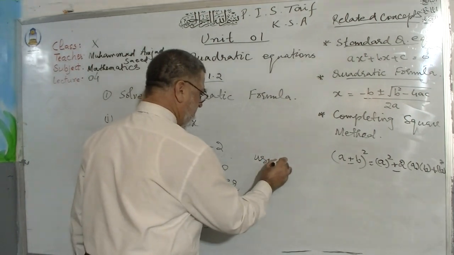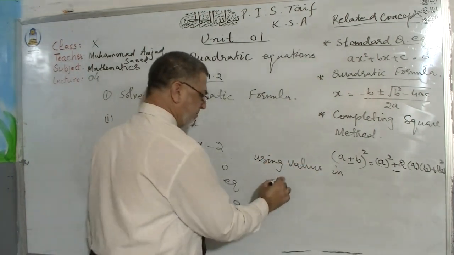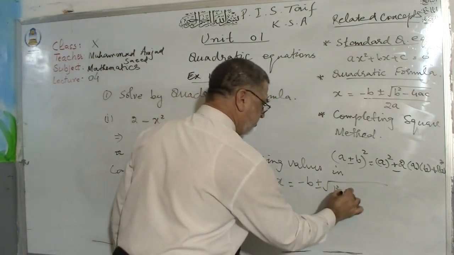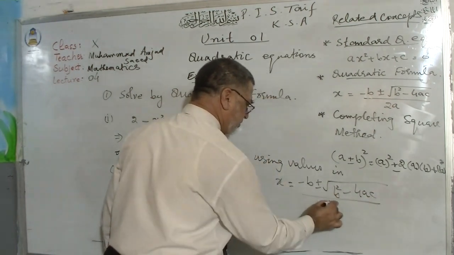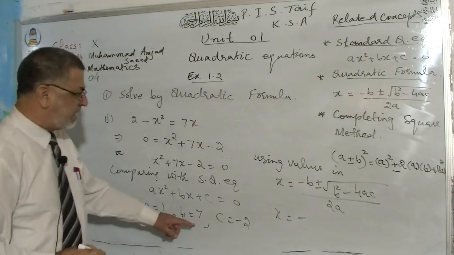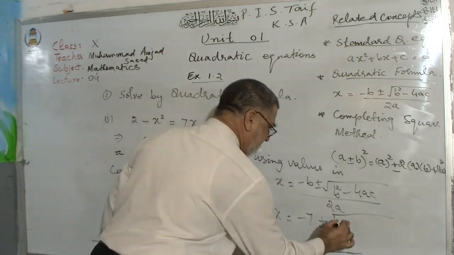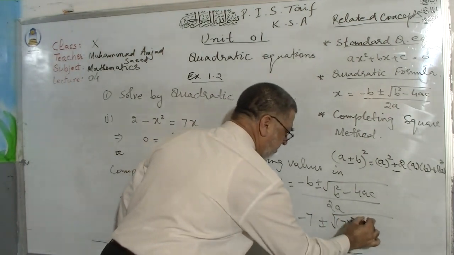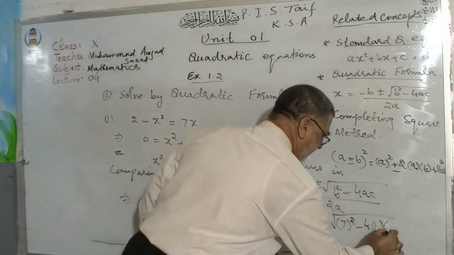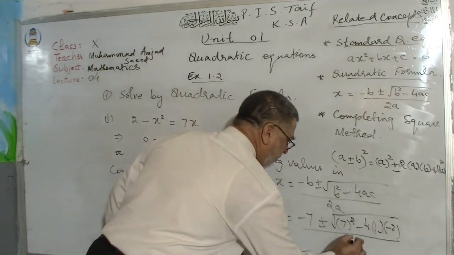Using values in x is equal to minus b plus minus square root of b square minus 4ac over 2a. X is equal to minus, what about b? b is 7. Minus 7 plus minus square root of 7 square minus 4, a is 1, c is minus 2, divided by 2 into a.